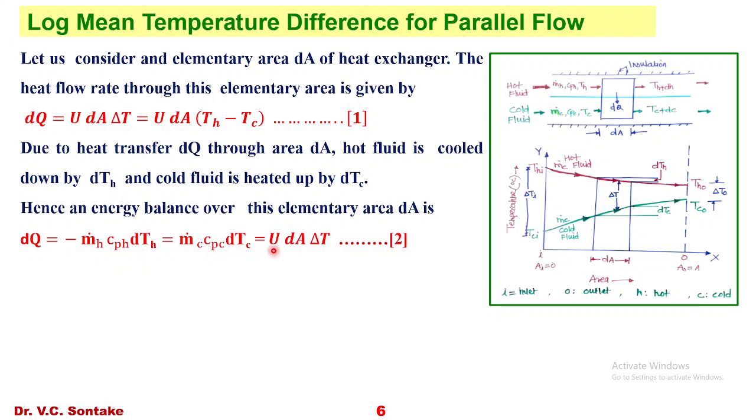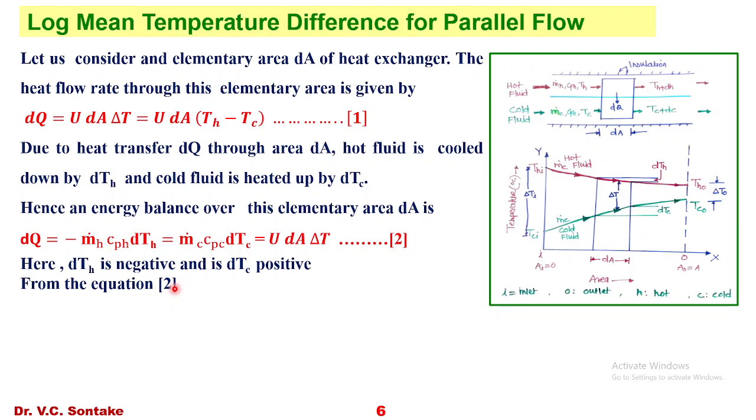It can also be written as U into dA into delta T. Let us say this is equation number 2. So under steady state condition, the rate of heat given by the hot fluid is equal to the rate of heat taken by the cold fluid. In equation number 2, dTh is negative because the temperature of the hot fluid is decreasing, and dTc is positive because the temperature of the cold fluid is increasing.